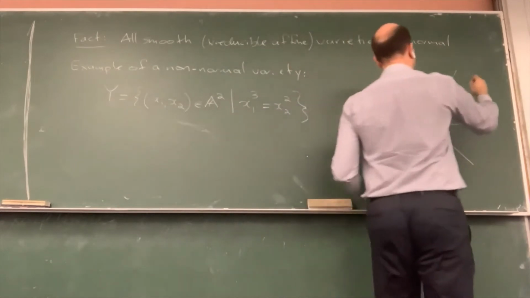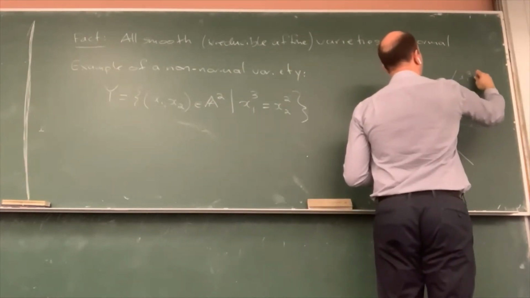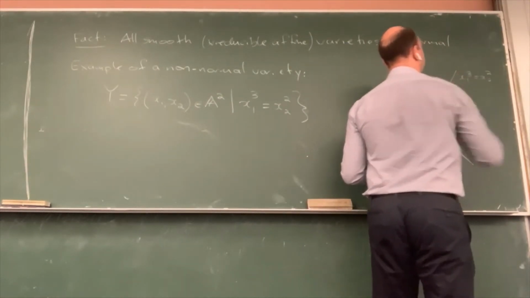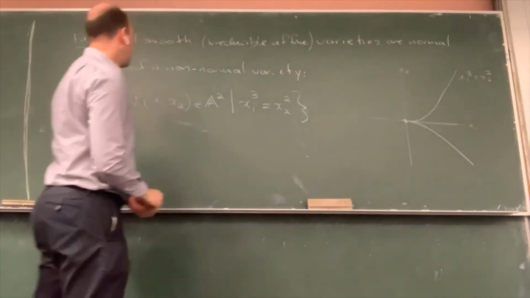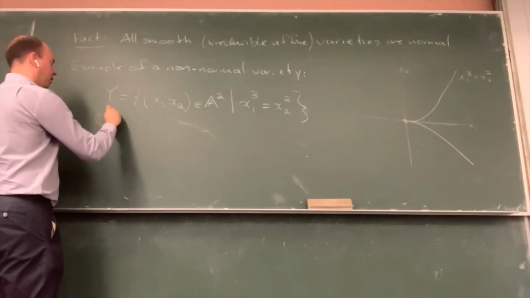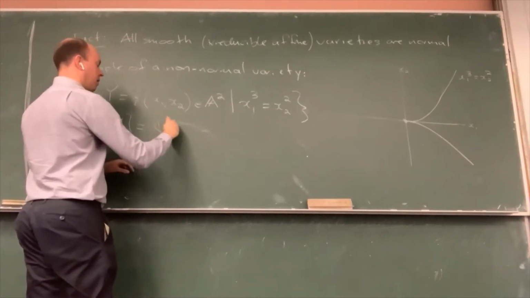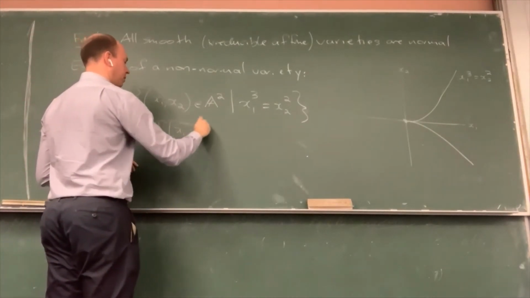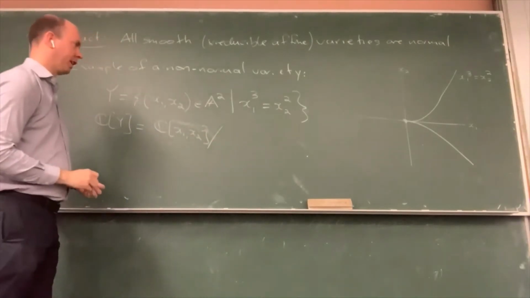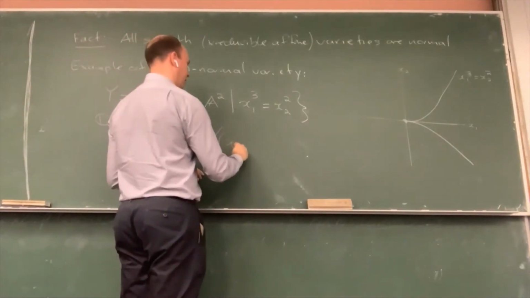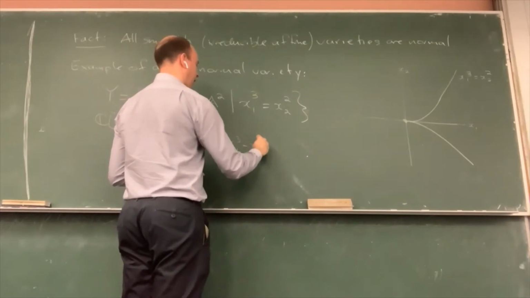So the coordinate algebra is the quotient of the polynomial ring in two variables by the ideal generated by this relation.